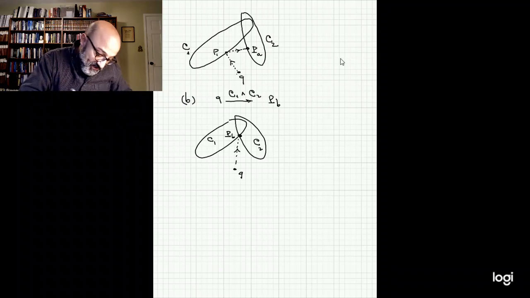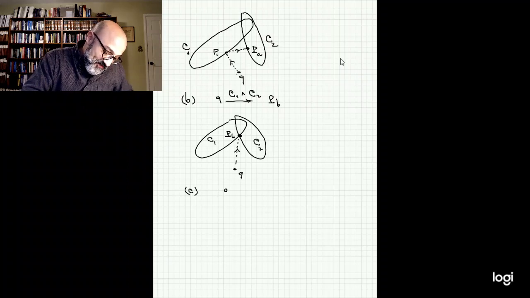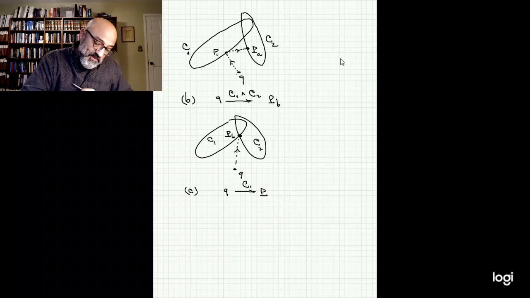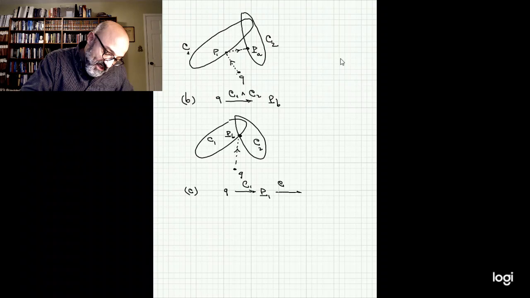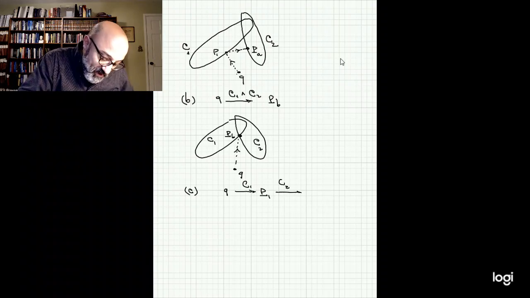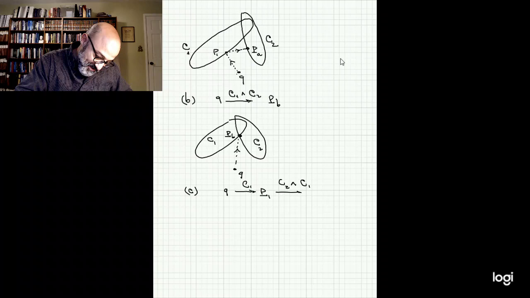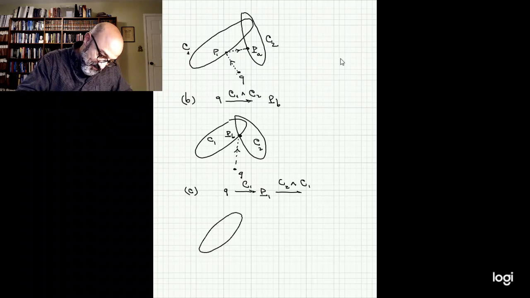There is yet a third case in which you update from Q with C1 to P1, and then you acquire information in the form of C2, but C1 remains operative. Under those circumstances, the updates would go like this.